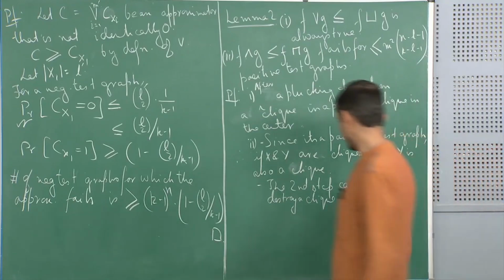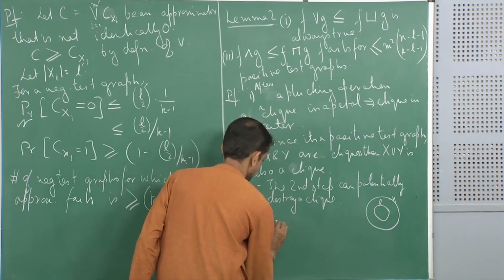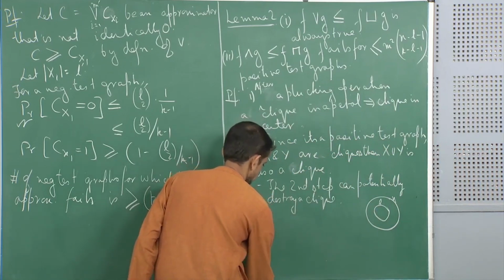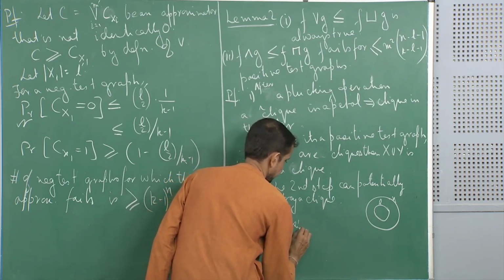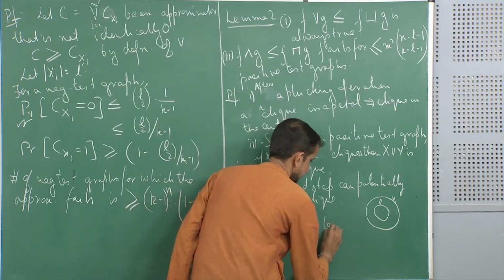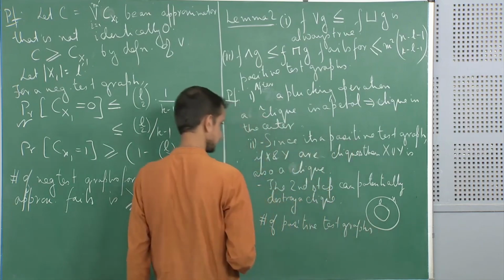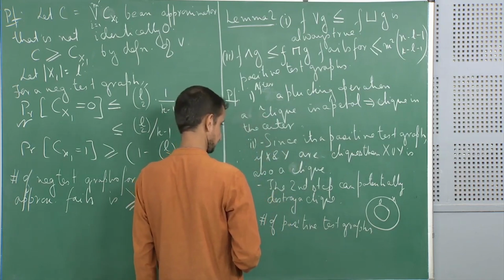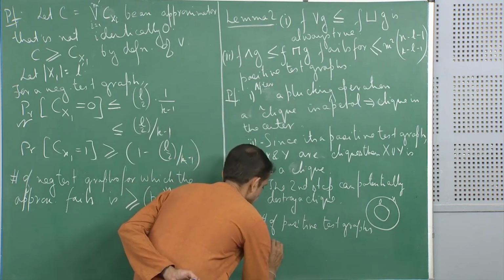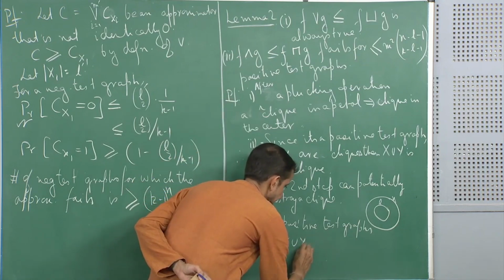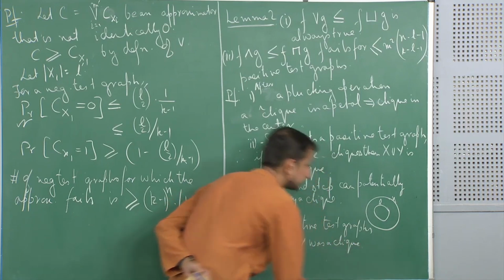Okay, so essentially I have to count the number of positive test graphs where X union Y was a clique.